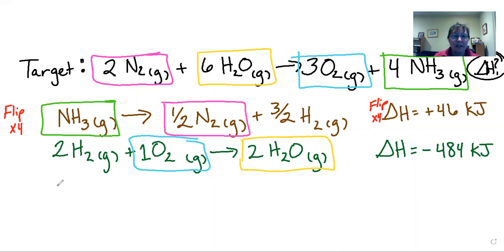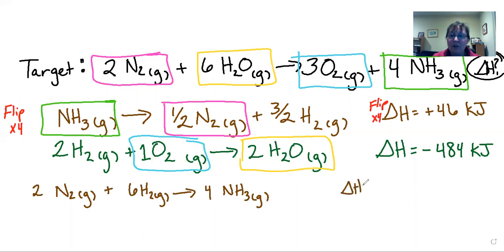So now let's take a look at this equation. 4 times a half means 2 moles of N2 plus, now 4 times 3 is 12, divided by 2 is 6. So we'll have 6 moles of hydrogen, yielding 4 moles of ammonia.